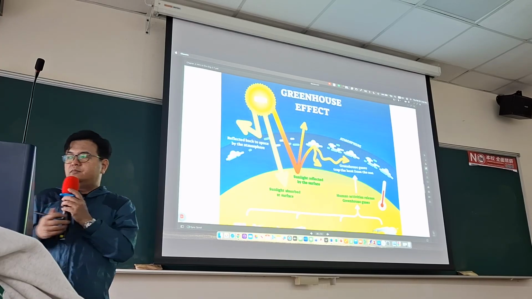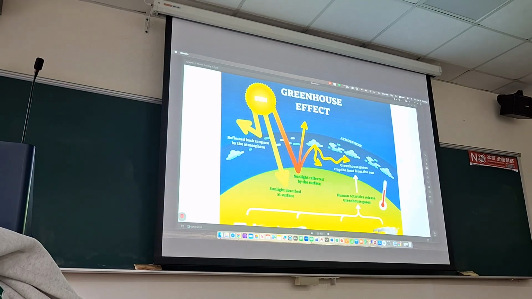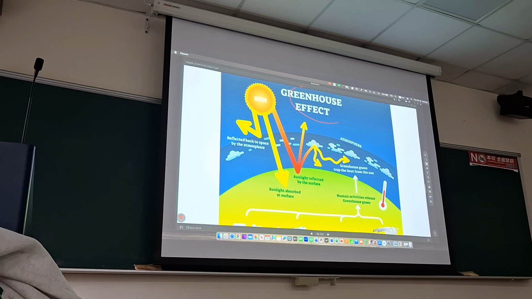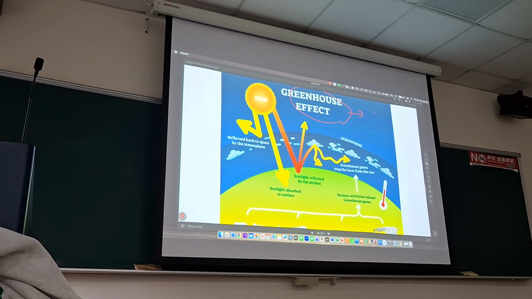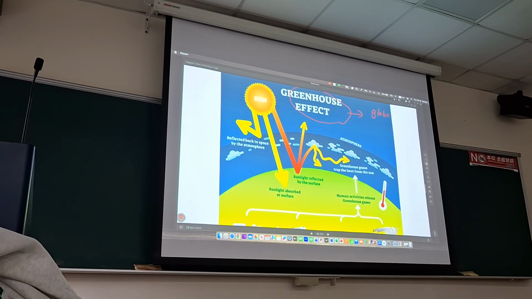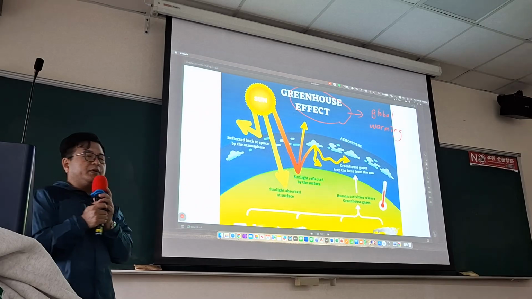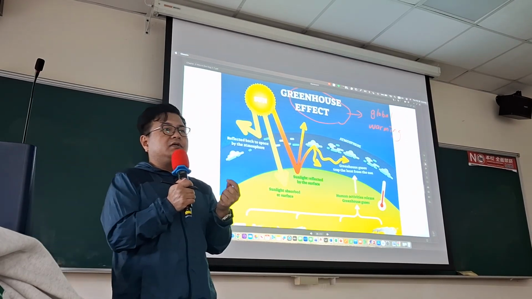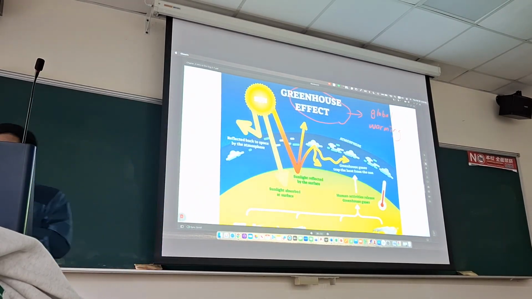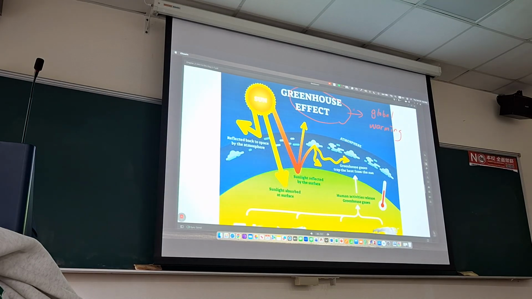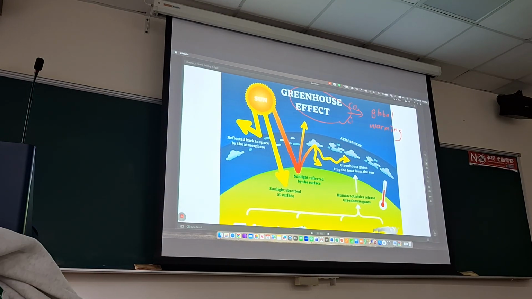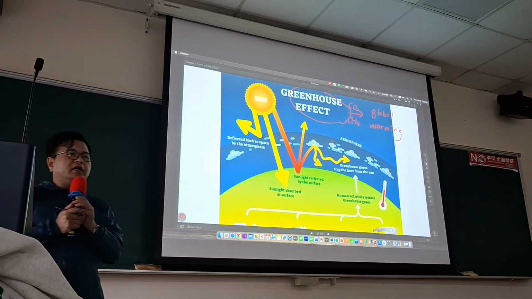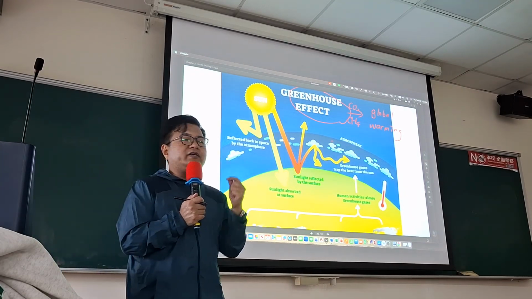But how does the greenhouse effect become global warming? Because we produce lots of carbon dioxide and some other greenhouse gases.